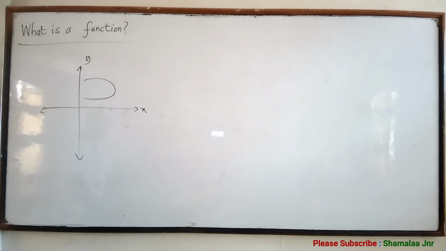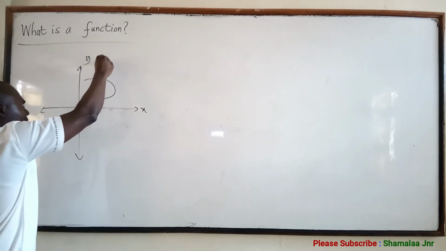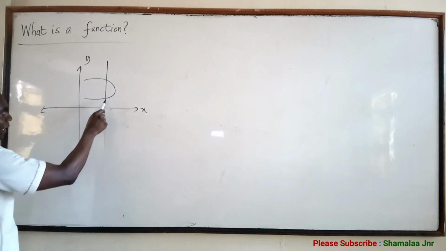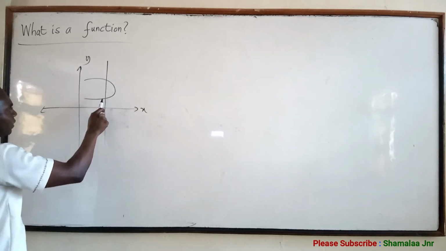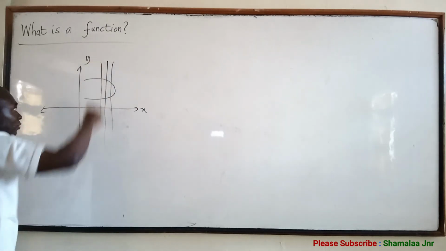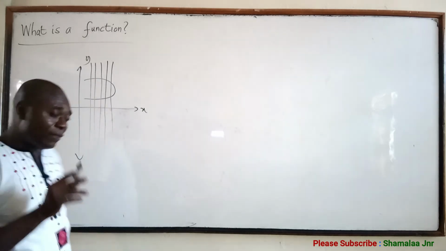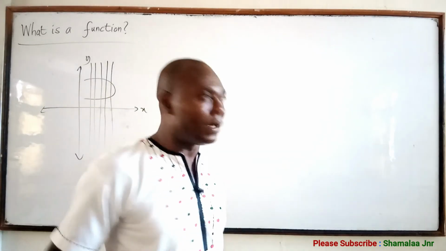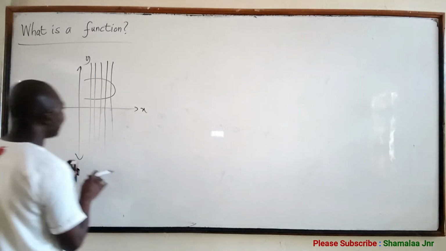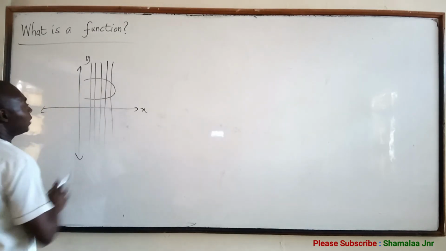Now when you have this, if you decide to draw a vertical line this way, you see that it has cut the curve at 2 points. If you only get one, it is enough. Being able to get one line which is cutting the curve at more than 1 point is enough to say that this is not a function. So this is not a function.